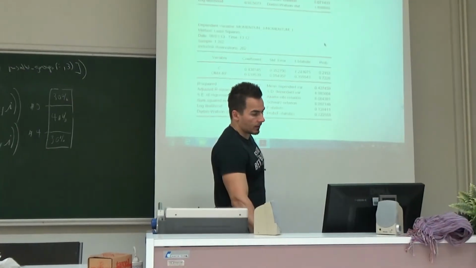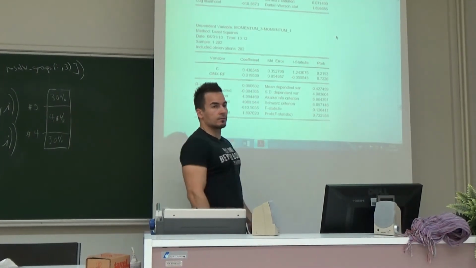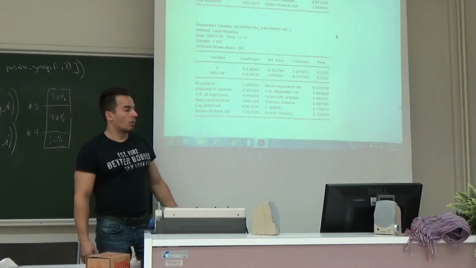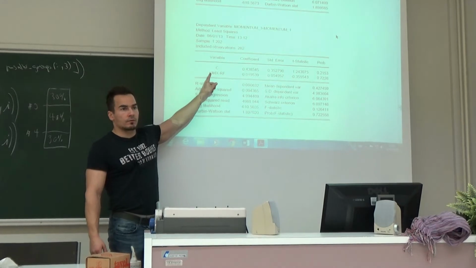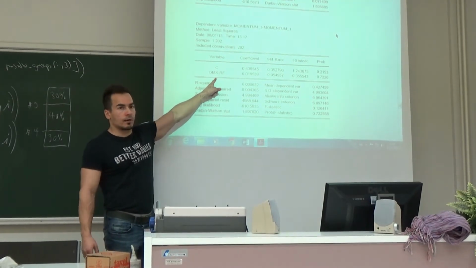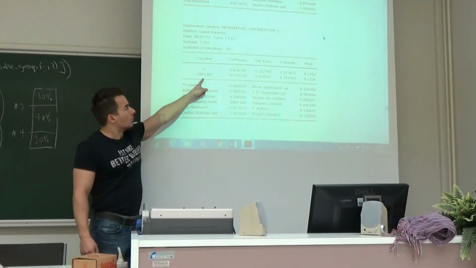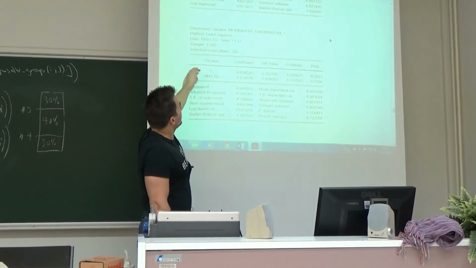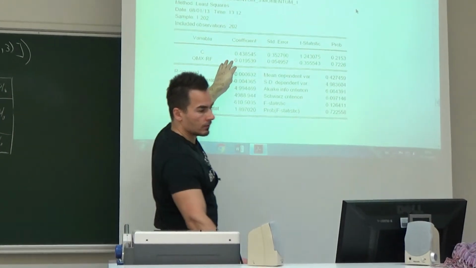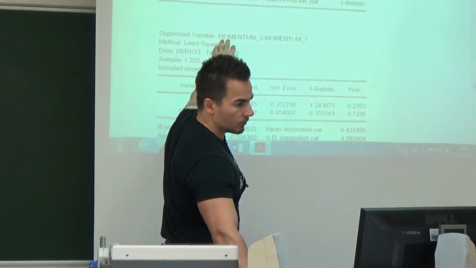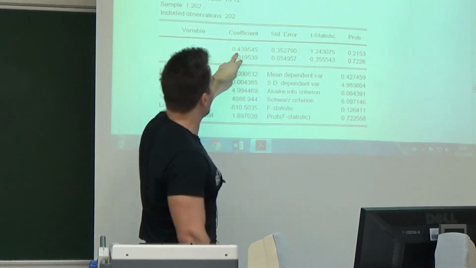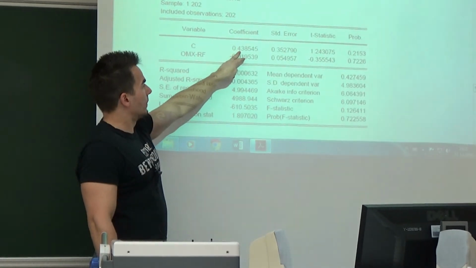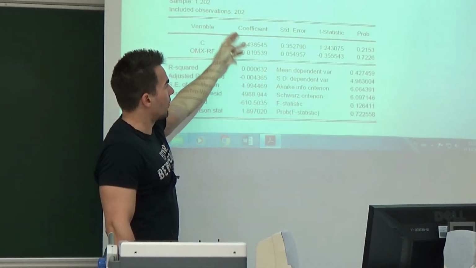So what I have done next is regress the zero cost portfolio on the market factor, which is the OMX 30 Stockholm minus the risk-free rate in excess form. So what we see here is that the payoff slightly increases to 0.44% per month.